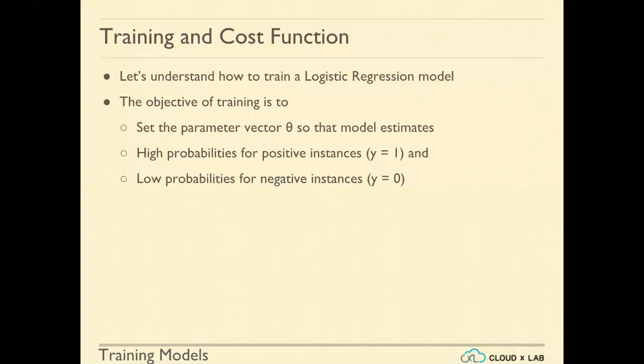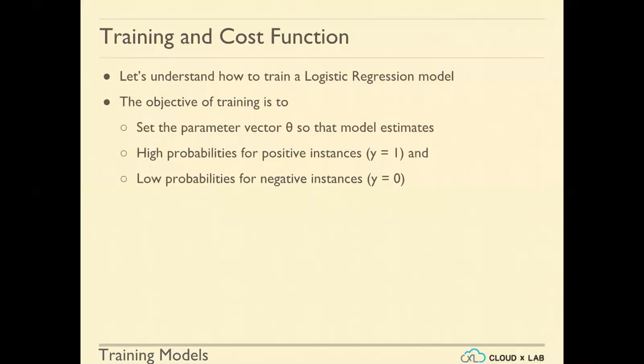The objective of training is to set the parameter vector theta so that the model estimates a high probability for positive instances and a low probability for negative instances.